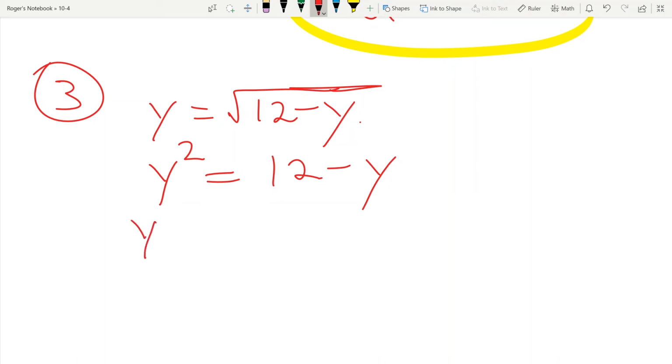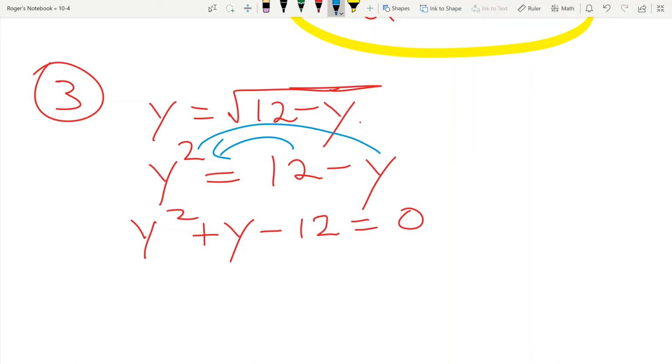So we get y squared plus y minus 12 equals 0. And all we did here, we brought the 12 over here, and we brought the y over here, leaving 0 on the right.